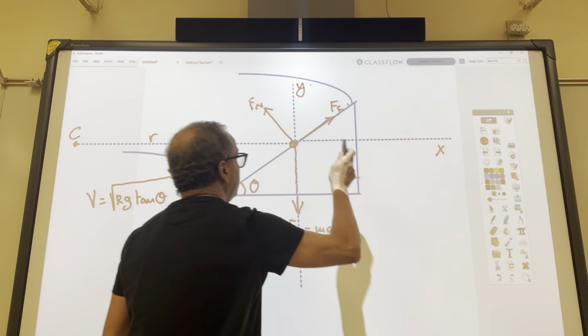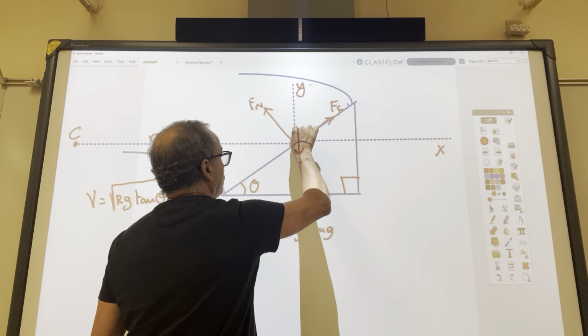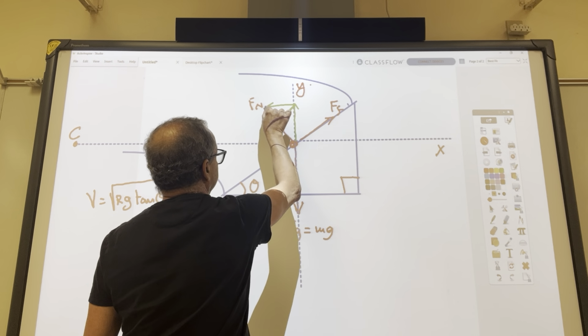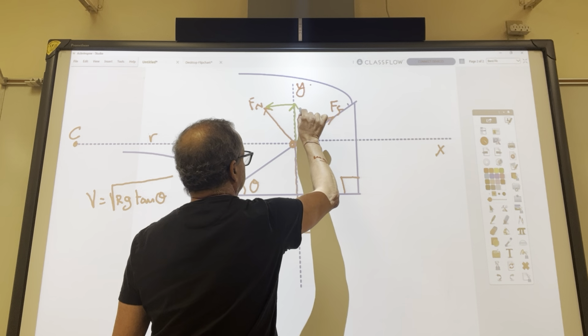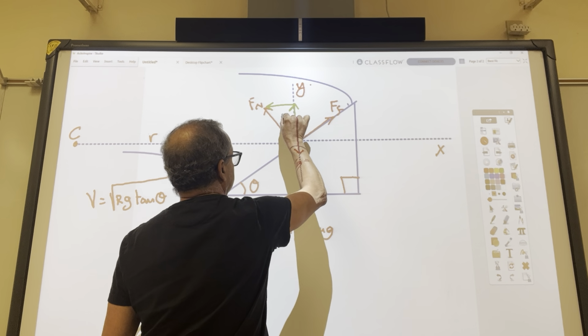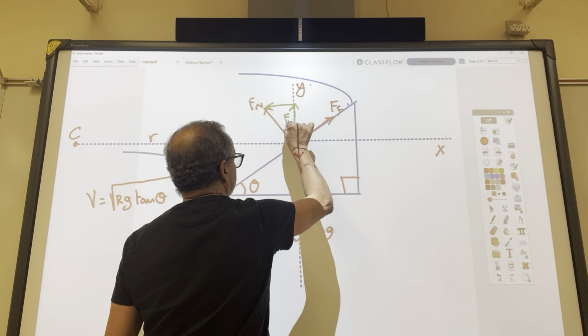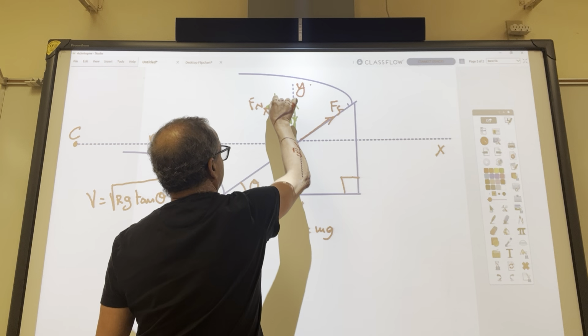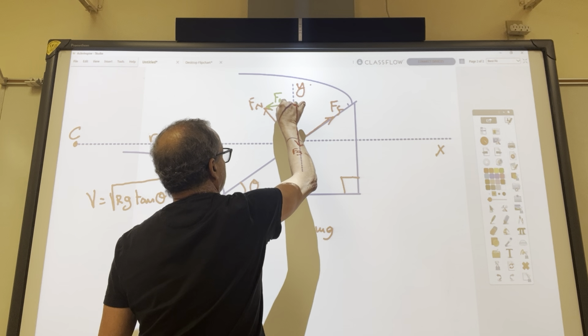I'm going to use the green for the normal force, so you have the y component and the x component. We're going to call them Fn y and Fn x.